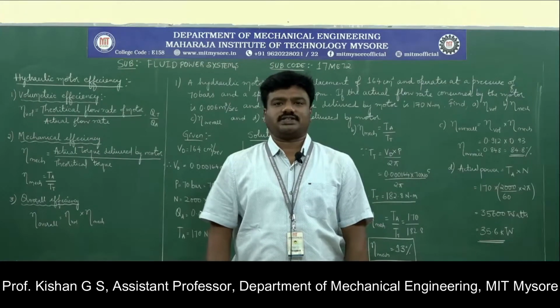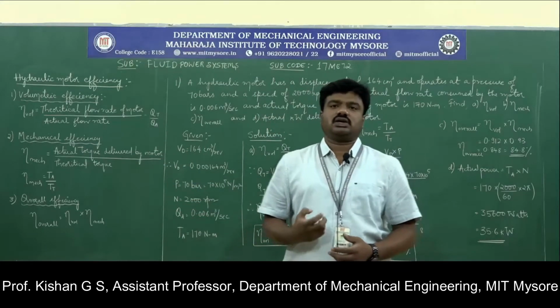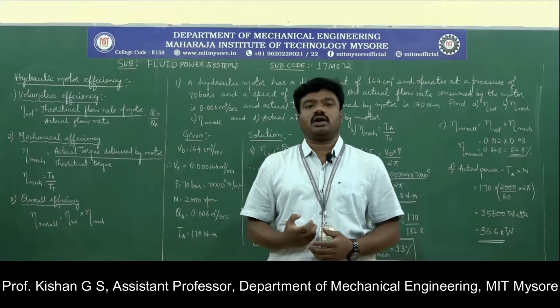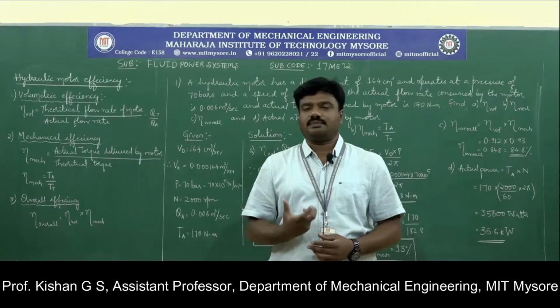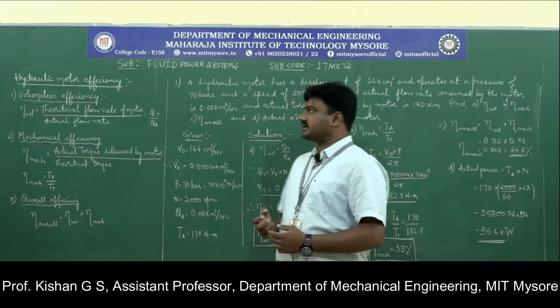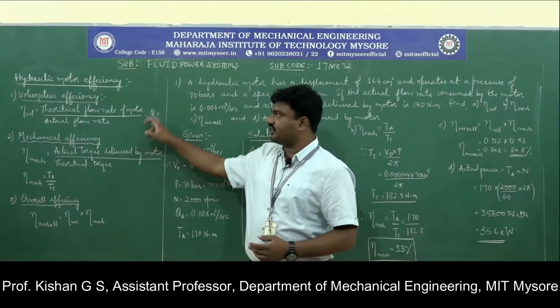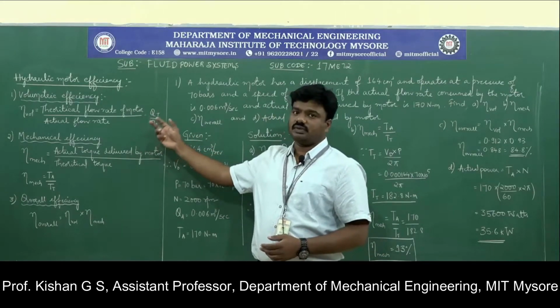Now let us move on to the next topic, that is hydraulic motor efficiency. As we have studied in hydraulic pump, here also we are going to study 3 efficiency parameters that represent the performance of the motor. Okay, so first one being volumetric efficiency. It is defined as the ratio of theoretical flow rate of the motor to the actual flow rate of the motor.